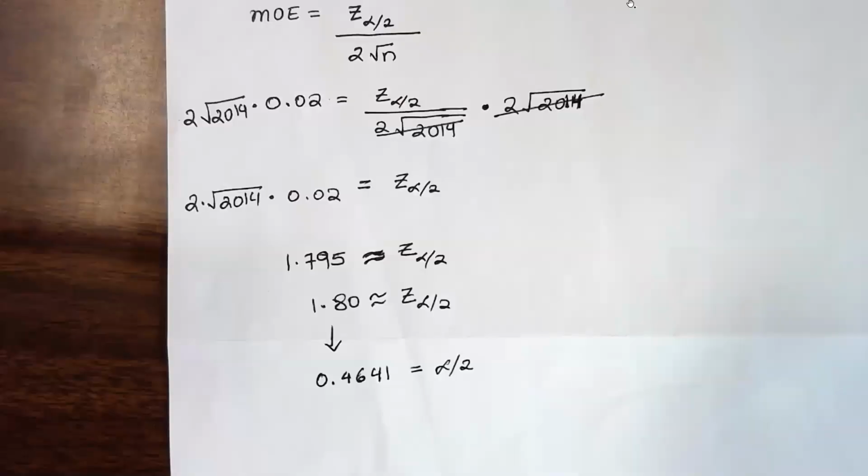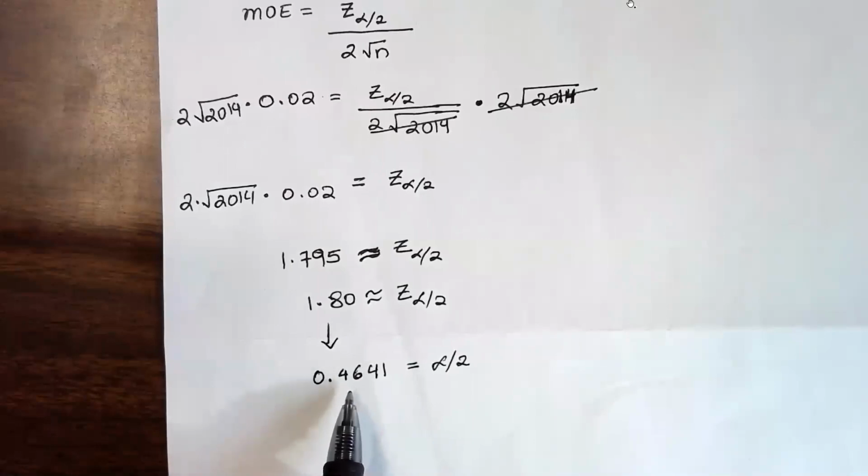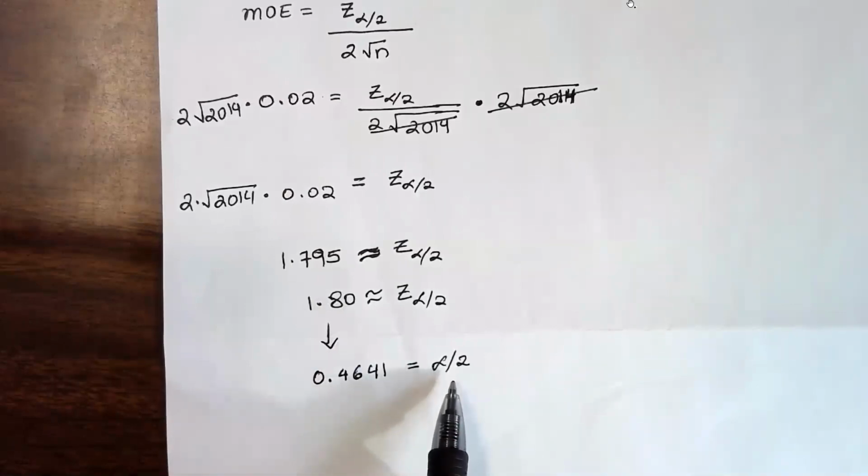Okay, now let's go back to our calculation. Okay, so from the Appendix F body table for standard normal distribution, we came up with 1.80 being associated with 0.4641, which represents alpha over 2.